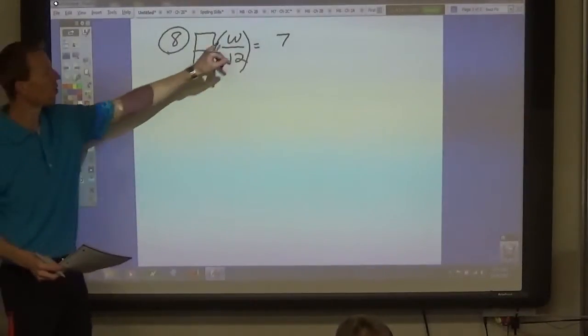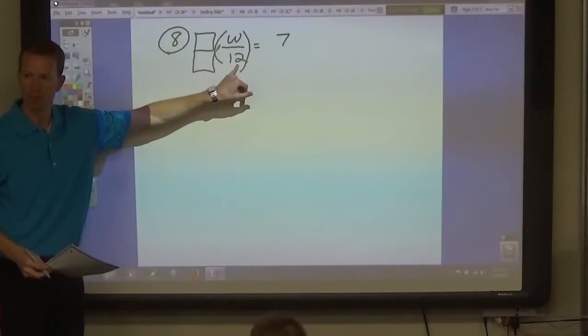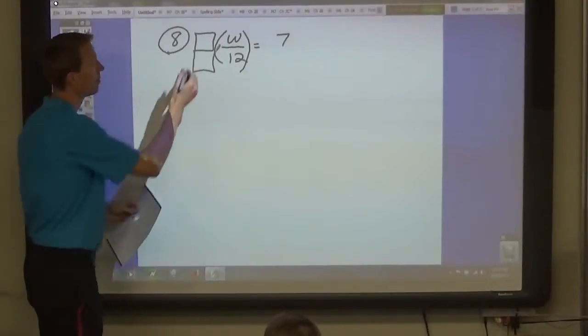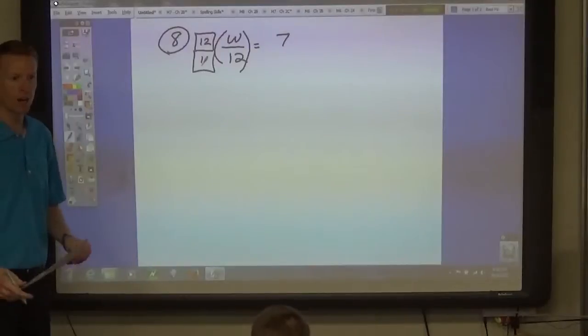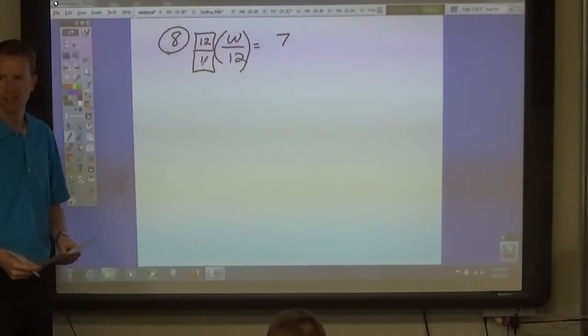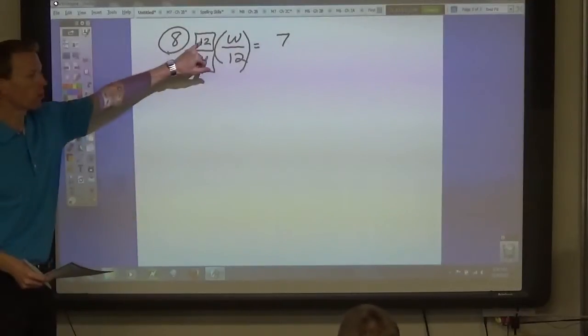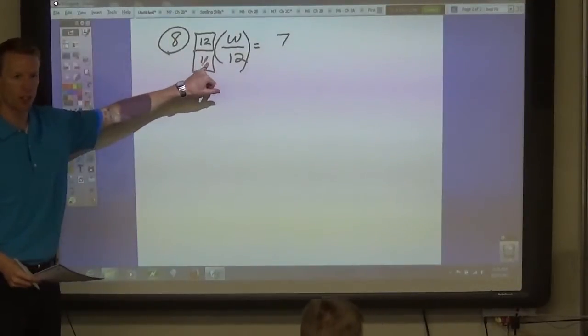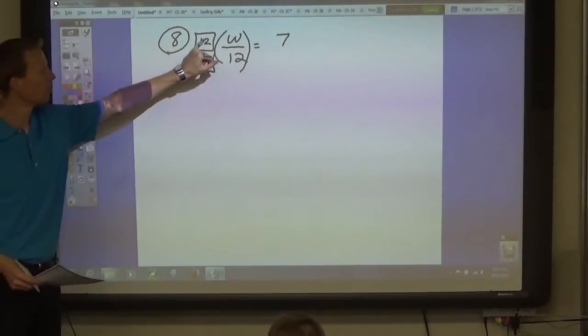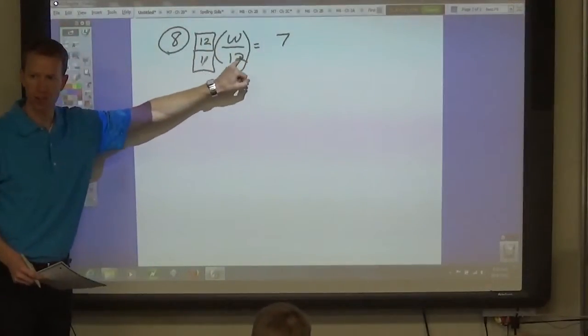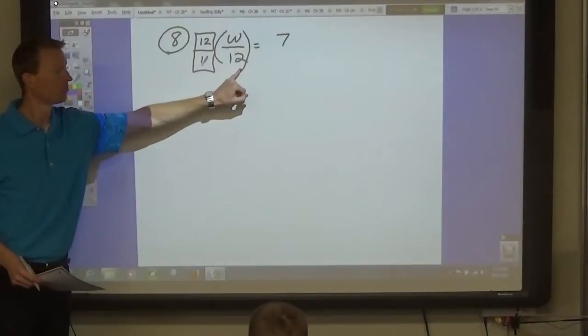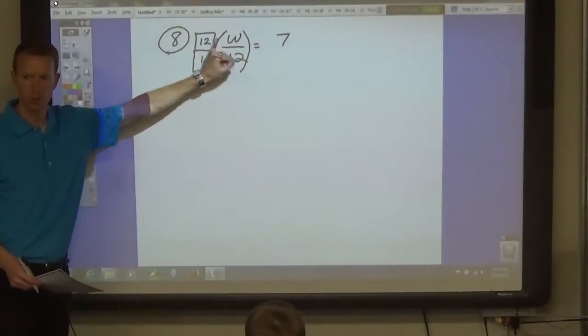What's the reciprocal of 1/12? 12 over 1. Put 12 over 1 in the box. This is the number we're multiplying by in order to solve the equation. This is the reciprocal of the coefficient of the variable. So write 12 over 1.